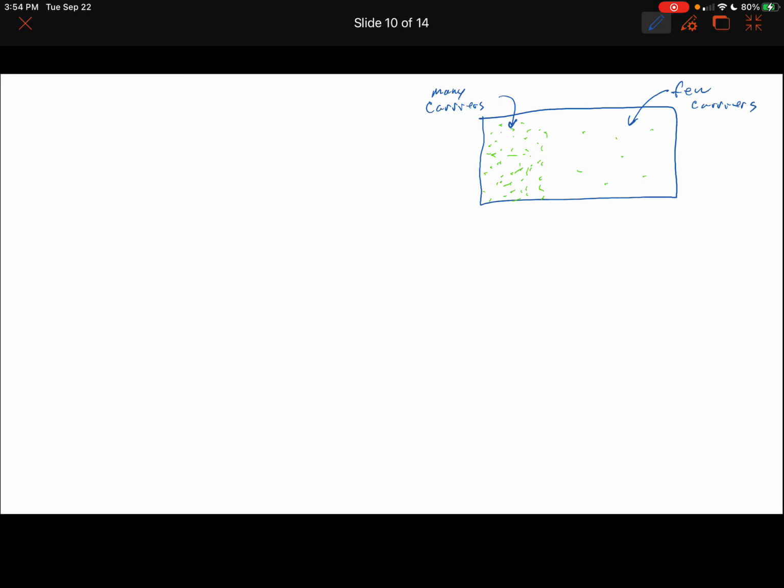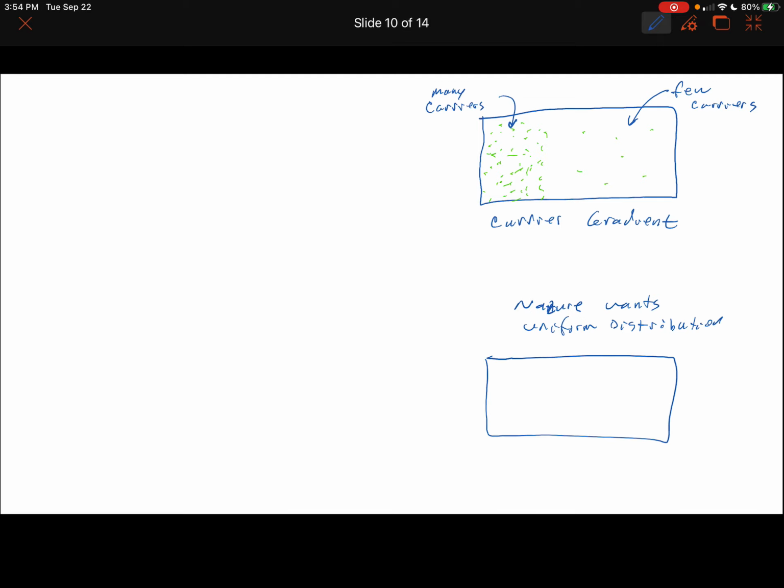What nature wants is, so here we have a gradient, a carrier gradient. Nature wants uniform. Nature wants to spread these carriers out in this chunk of semiconductor.